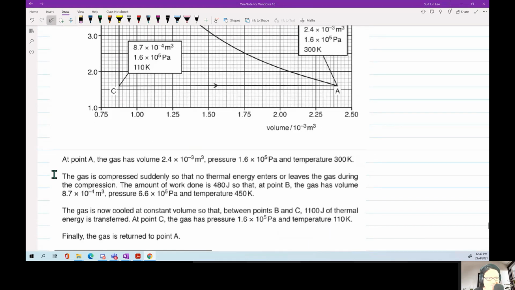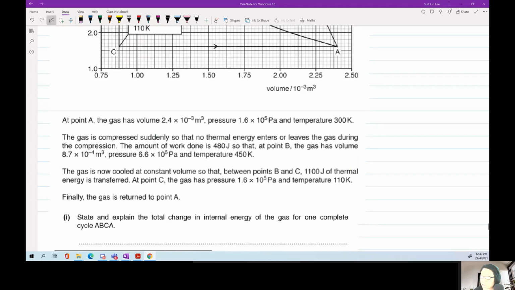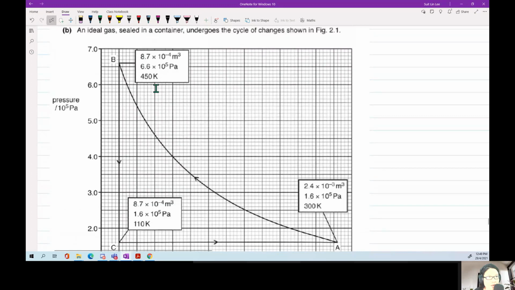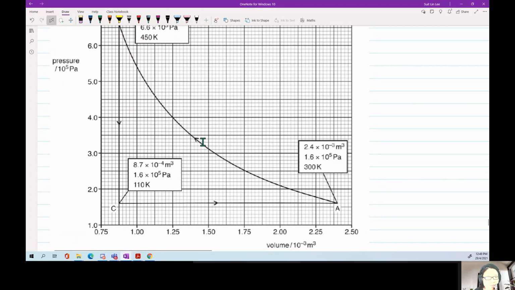So nice, thank you. At point A, the gas is under this condition, and the gas is compressed suddenly so that no thermal energy enters or leaves the gas during the compression. Okay, this is important. Where is the compression? From A to B, I assume.